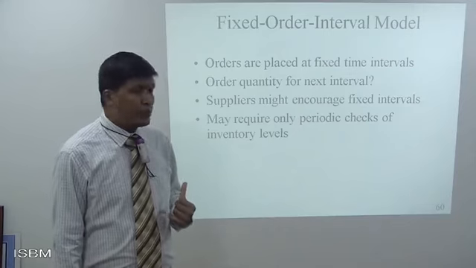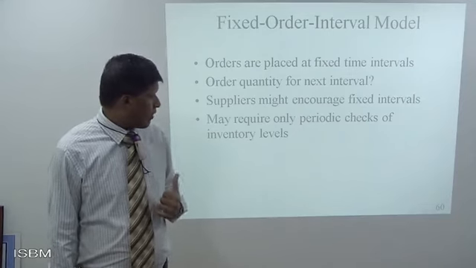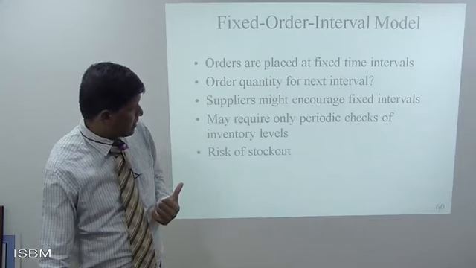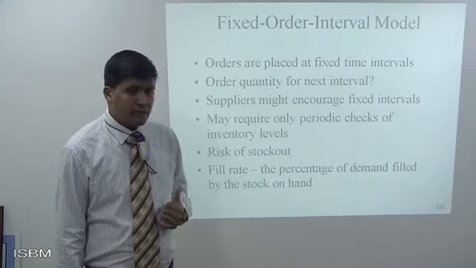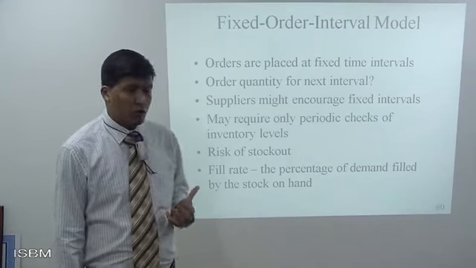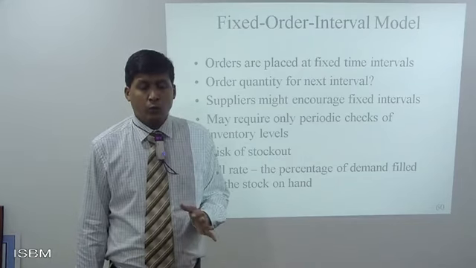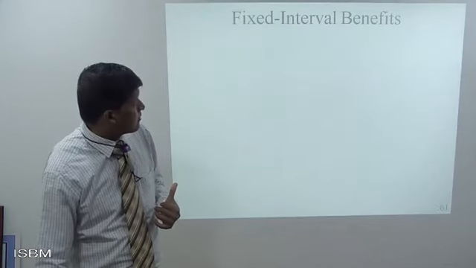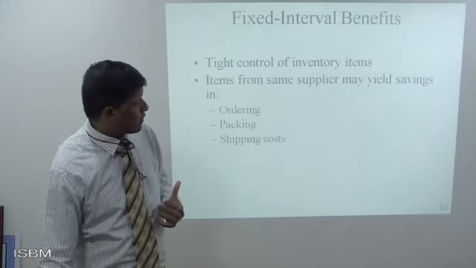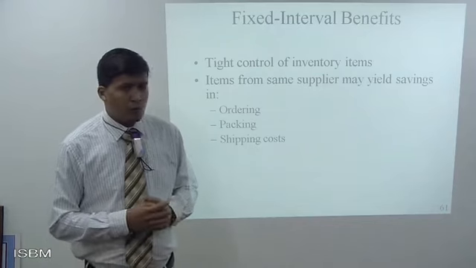It may require only periodic checks of inventory levels, with risk of stock out as well. Fill rate is the percentage of demand filled by the stock on hand. These are the variables through which the fixed order interval could be managed. And the benefit of fixed order is tight control of inventory items.